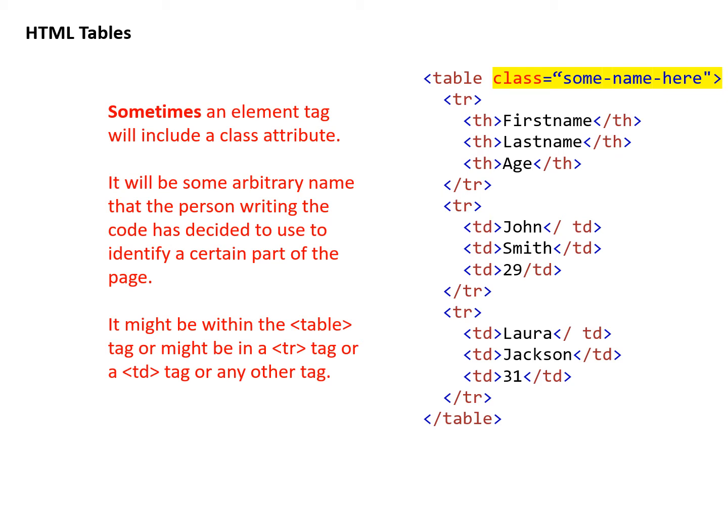Okay, so just to recap, for any tag we might have class equals something, and whatever the name is, the person who's writing the code can put any name in there that they want. So for our sakes, just know that a lot of times we want to be watching carefully to see where our data lives, and a lot of times it lives within some tags that have a particular class name.